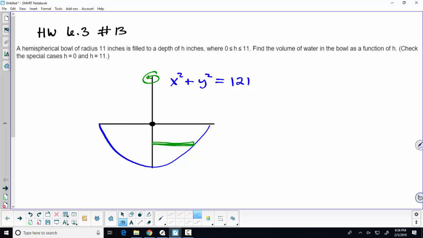How do we describe the bottom half of the circle? First of all, do we want to solve that for x or y? Yeah, we're solving for x because our rectangles have this thickness. We want everything in terms of y.